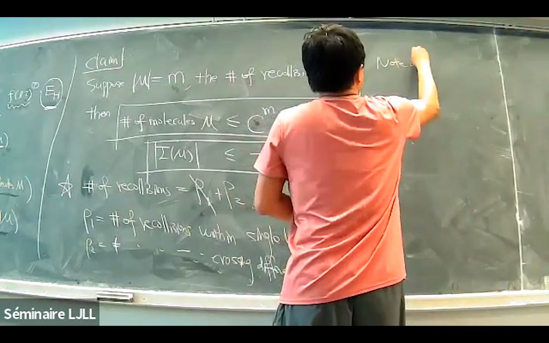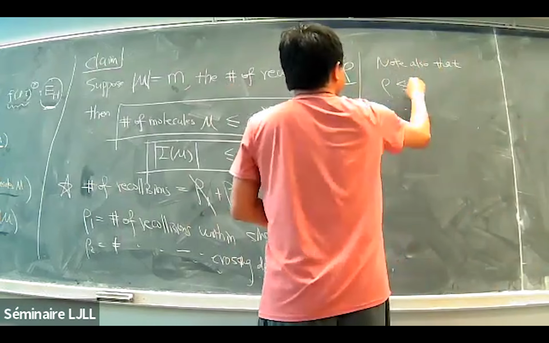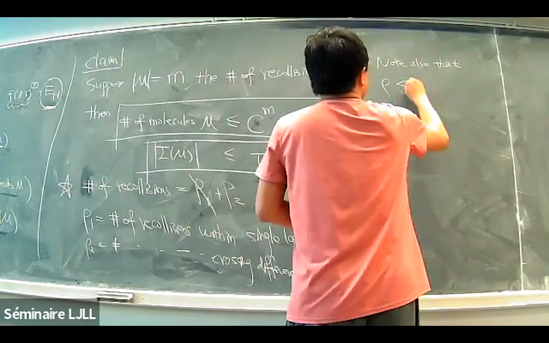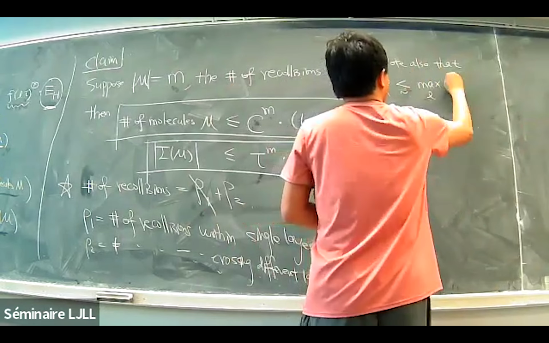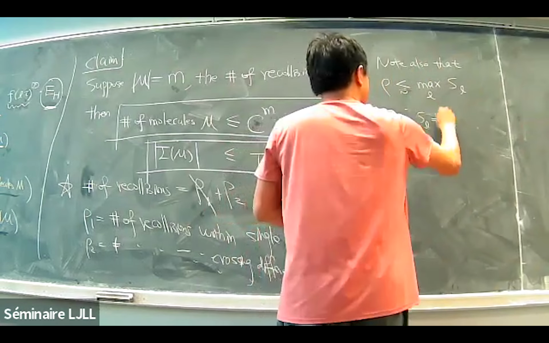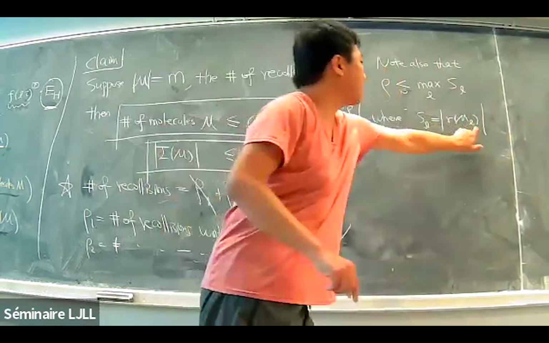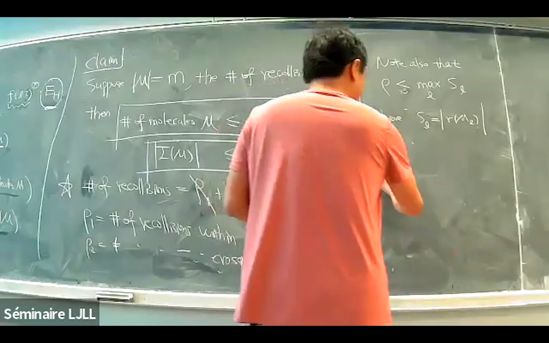And rho is less than the max over L of S_L, where S_L is the set of particles crossing layer L. Remember, we have this picture.